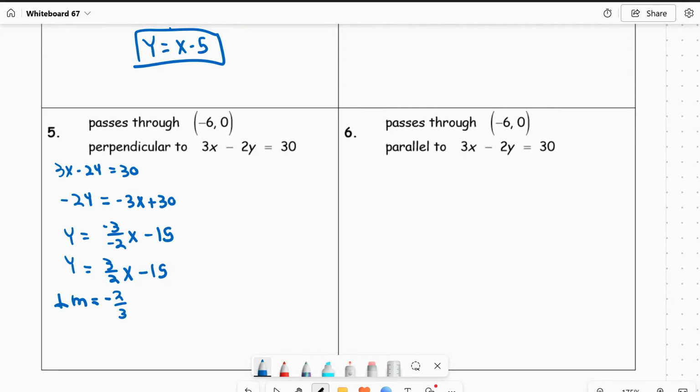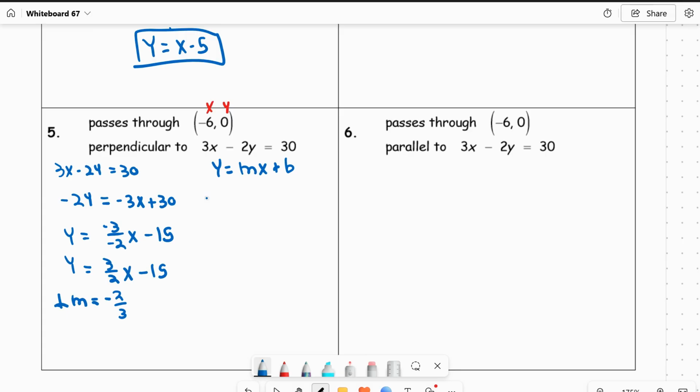Okay, so at this point, I have my slope and I have my point. So I can use either of the two methods on the other page, but I'm going to go ahead and use the slope-intercept form. So y equals mx plus b. And I'm going to substitute my point as x and y.